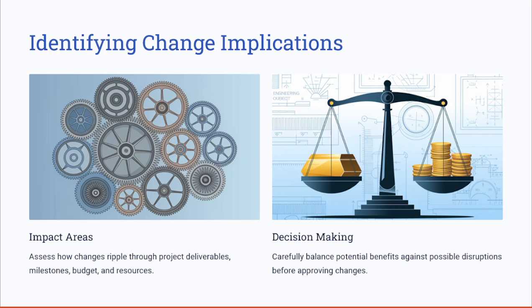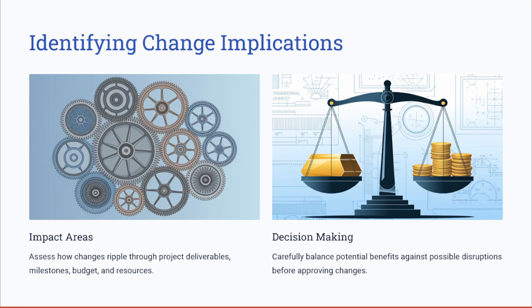Identifying change implications. A change in one area of the project can, for sure, trigger a cascading effect. Changes can affect the deliverables, the milestones, the budget, resources, and risks.